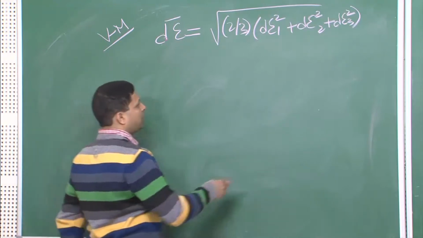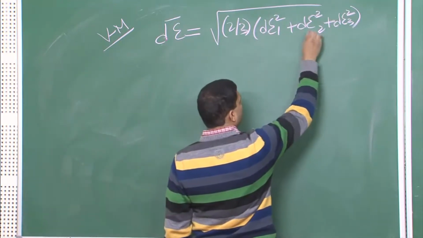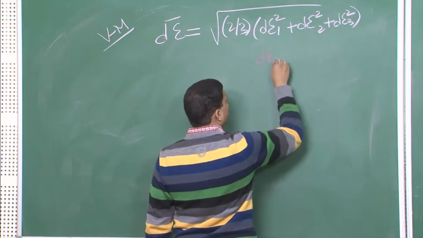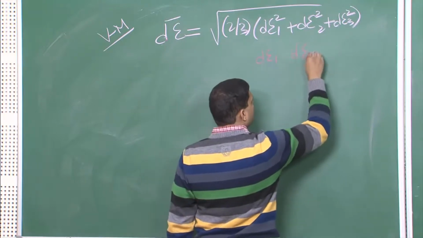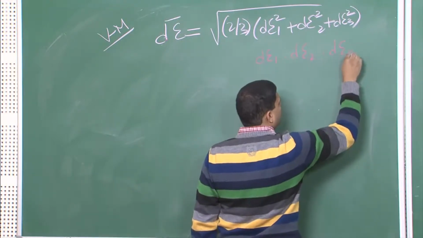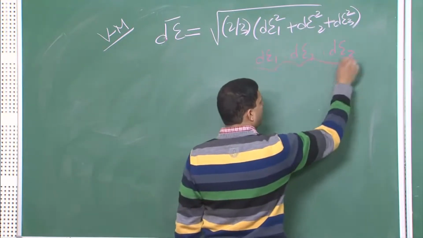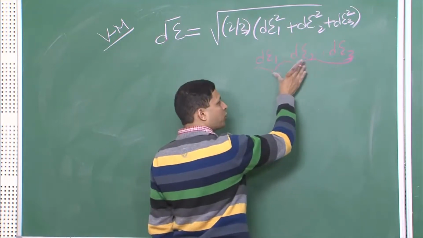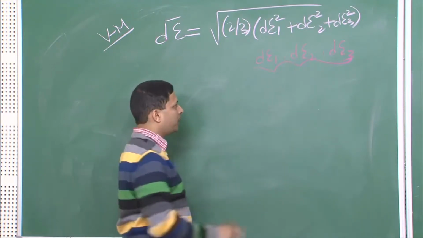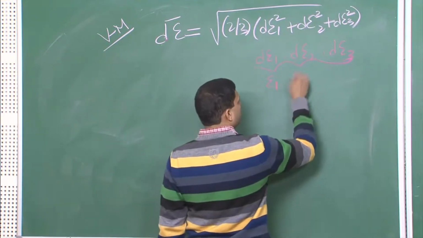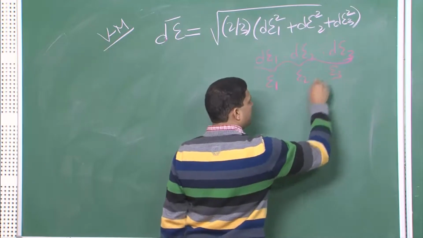Now, like I said, if we assume that the ratio between d epsilon 1, d epsilon 2 and d epsilon 3 remains constant, so over the period of integration their proportions would remain the same, and therefore epsilon 1, epsilon 2 would also maintain the same proportion.